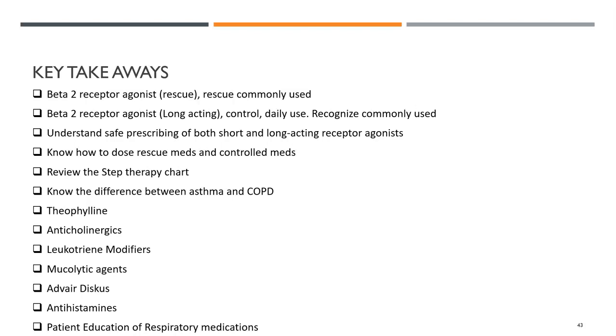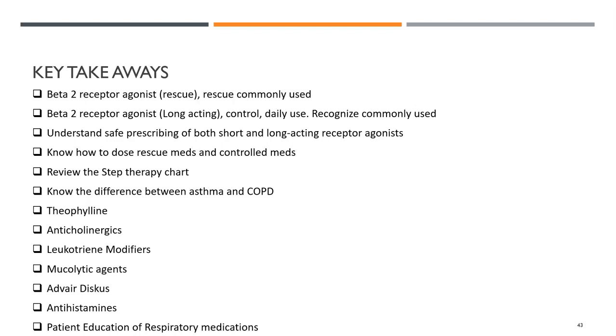Okay. Understand about Theophylline, even though it's an old nasty drug that people really don't use anymore, we still need to know about it. Understand about anticholinergics, the Leukotriene modifiers, mucolytic agents. I didn't go over mucolytic agents in the lecture, but you have mucolytic agents in the chapters that you do need to review.